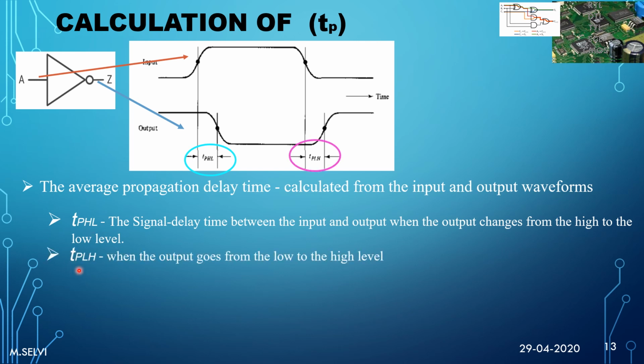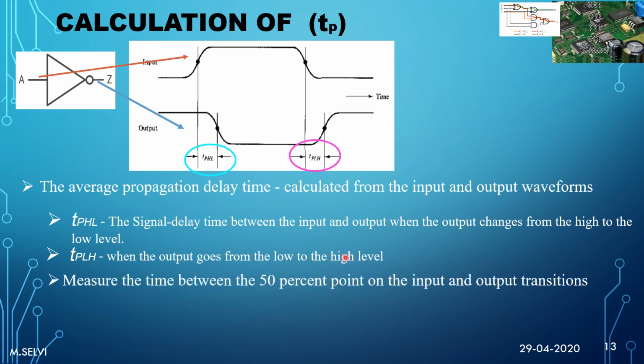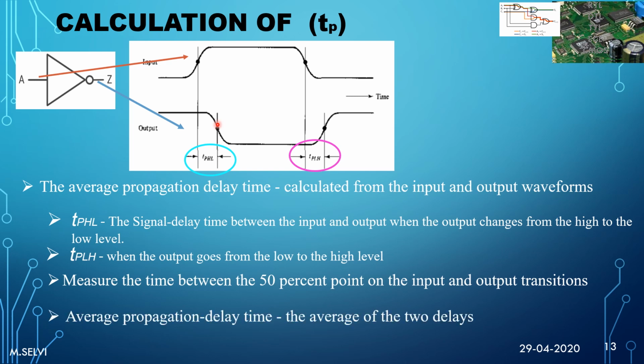Similarly, time delay low to high is the time delay between the input and output when the output is changing from low to high level. The measurement we take is at the 50% point of the input and the output transition. And the average propagation delay is the average of these two. That is TPHL plus TPLH by 2.